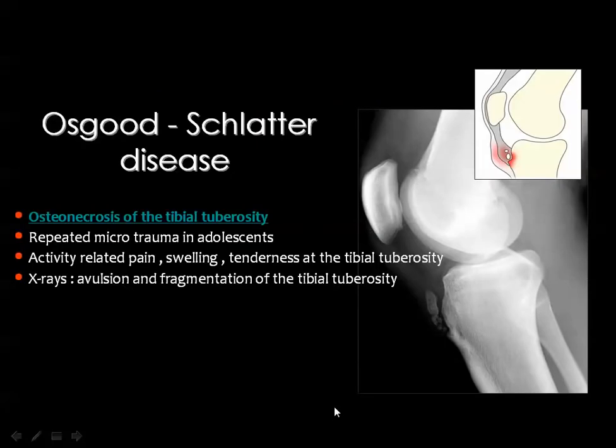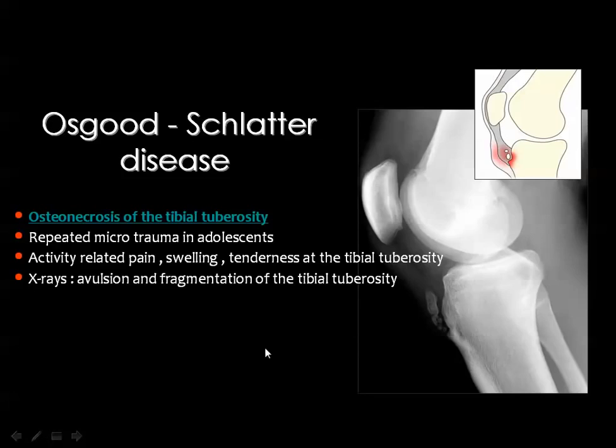We came to Osgood-Schlatter disease, which is an osteonecrosis of the tibial tuberosity, and this is the sequela of repeated microtrauma, usually in adolescence. And the patient usually complains of pain and maybe swelling and tenderness related to the tibial tuberosity.